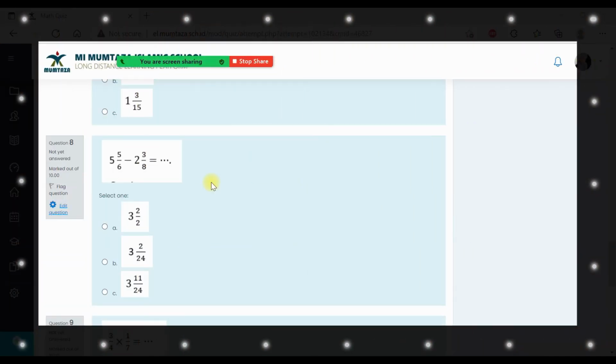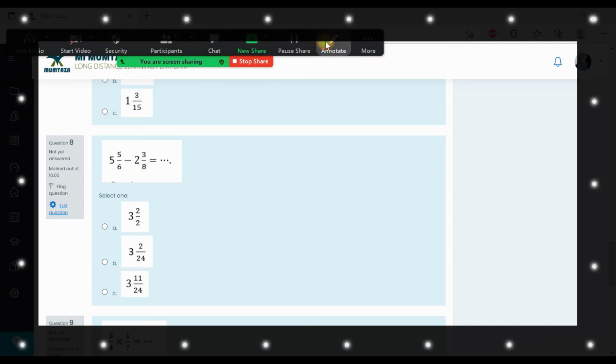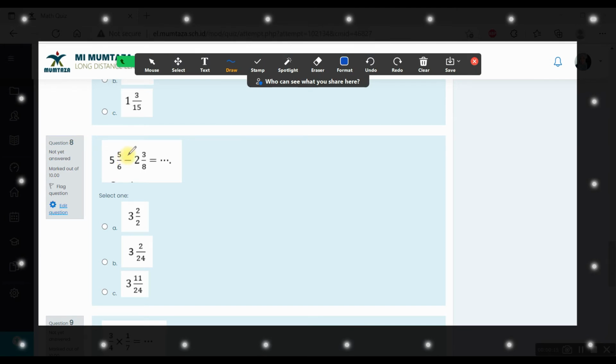The next is question number 8. Yeah, this is subtraction of unlike fractions. So we subtract. The first thing is we must group the whole number with whole number and the fraction with fraction. The question is 5 and 5/6 minus 2 and 3/8.